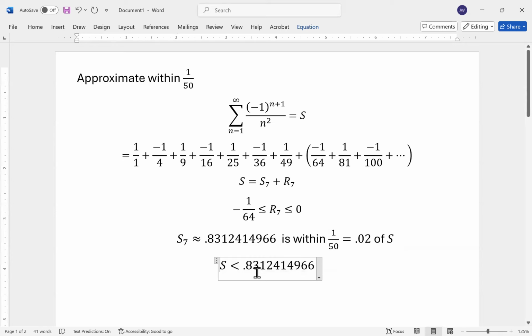And so we know this at most can be about 0.02 off, and we'd be off by a little bit under. So it's somewhere in between there, 0.83 and 0.81, essentially. So my actual sum is somewhere between about 0.81 and about 0.83.